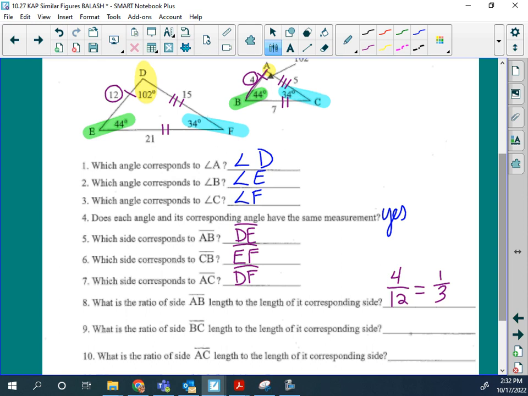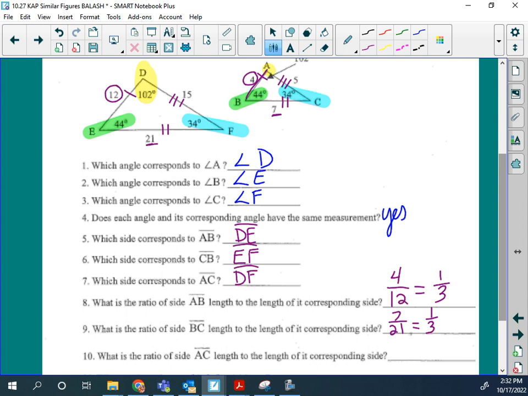Look at the next side. BC was 7, and its corresponding side was 21. And what does 7/21 reduce down to? 1/3.